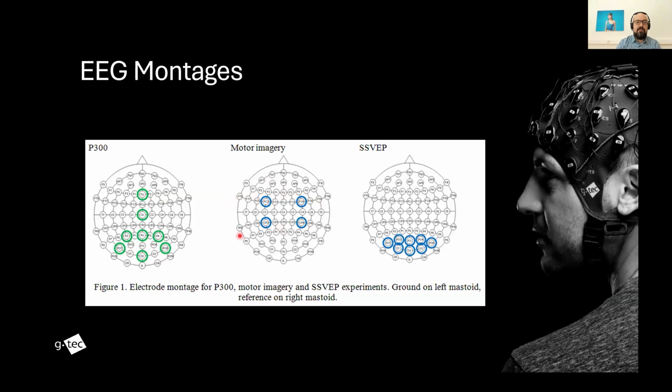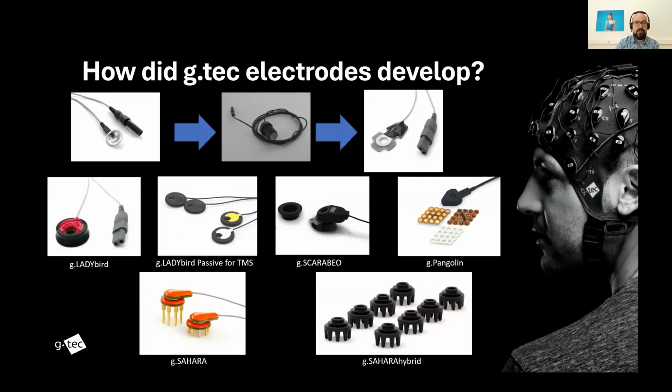So you can have the electrode montage placed on the top, on the motor cortex and the somatosensory cortex, so that you have an EEG recording on the exact spot that you're trying to measure. So having the correct montage, the correct number of electrodes, and the correct position of the electrodes can be very, very important.